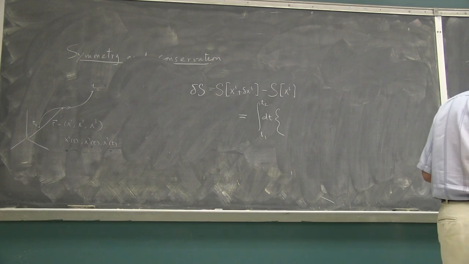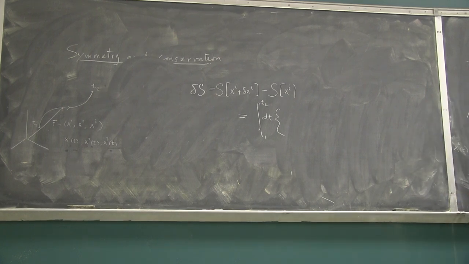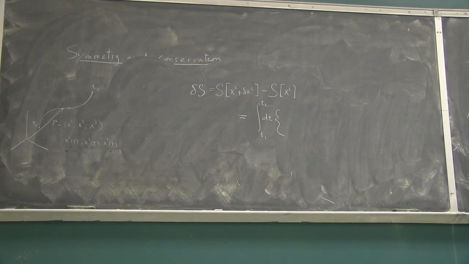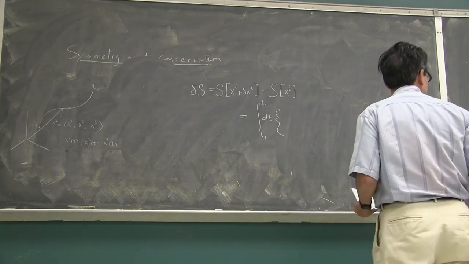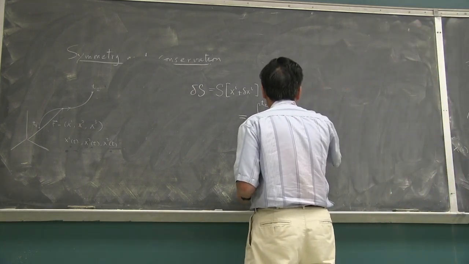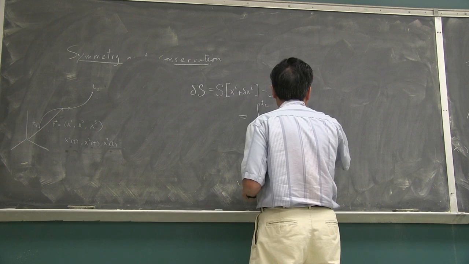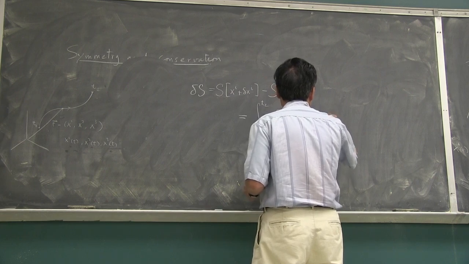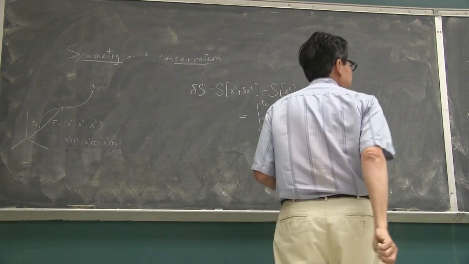Well, actually, wait. I have to subtract from this. Well, let me write this first in order not to confuse you. Let me write down everything the way we see it over there first. Okay, 1/2 m dxi/dt times dxi/dt.